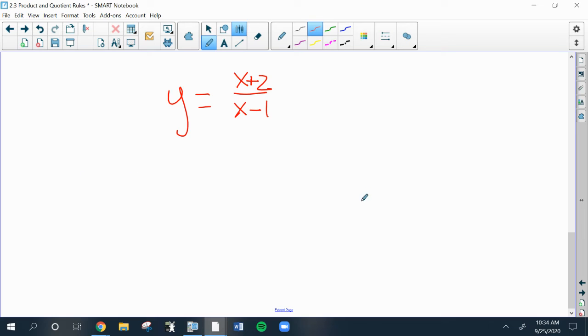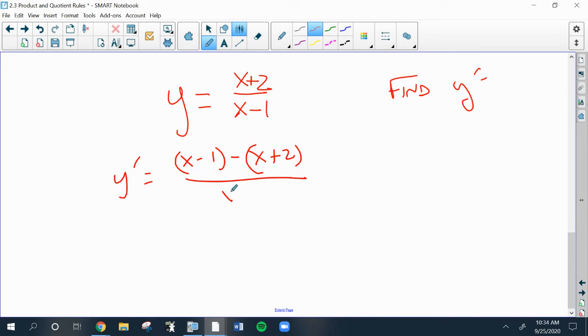So I guess we'll do that quickly. So, let's find y double prime. y prime would be bottom times the derivative of the top minus the top times the derivative of the bottom all over the bottom squared.